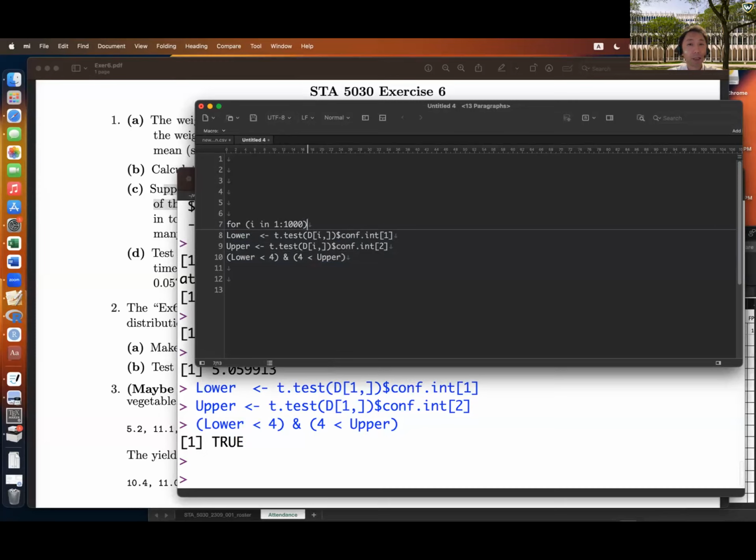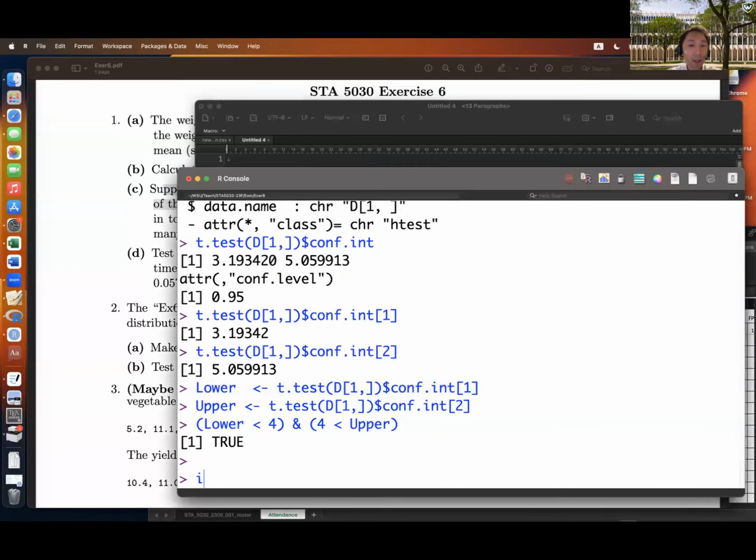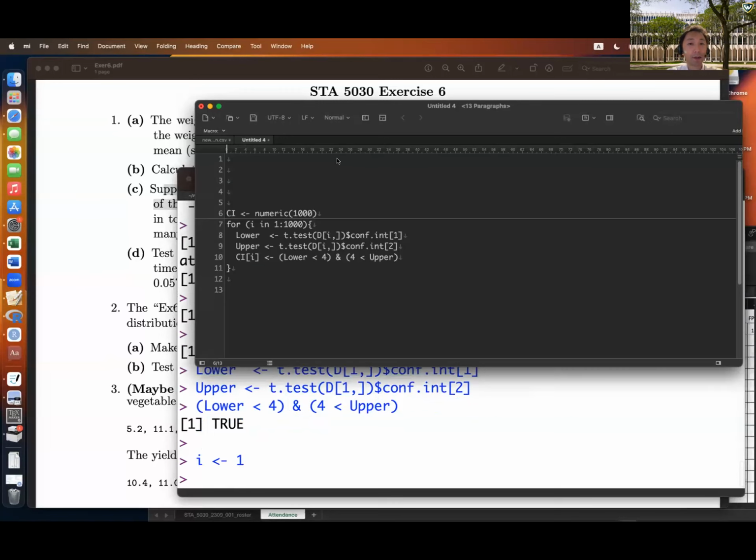We have 1,000 observations, so maybe we prepare a numeric vector of 1,000 elements, call it Ci, and we want to define the value of Ci as true if the 4 is included in the confidence interval, and if not, false. So for example, i is equal to 1.